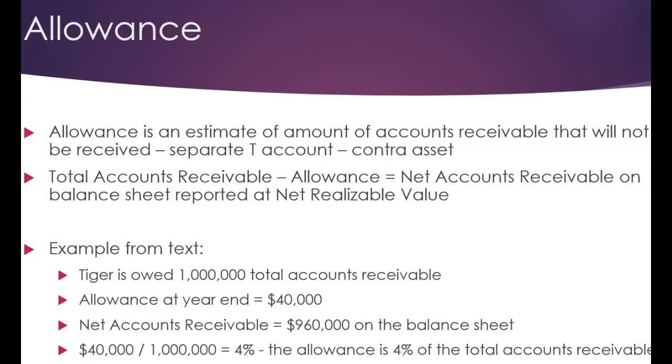Now, GAAP reporting says we have to use the allowance method, which could very well be the balance sheet method. It could very well be the income statement method. But in the end, the two approved methods of estimating what we think we may not receive: essentially I'm going to use the sales method, which is the income statement method.